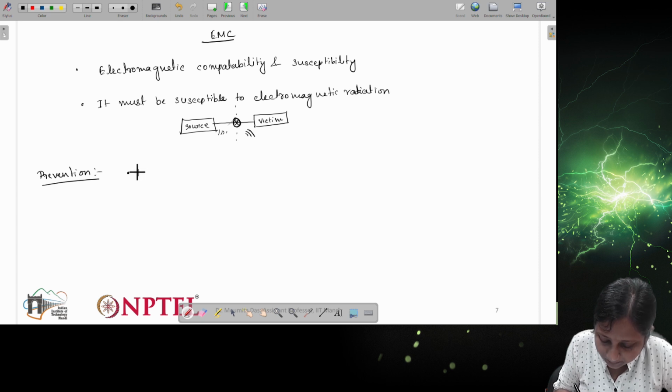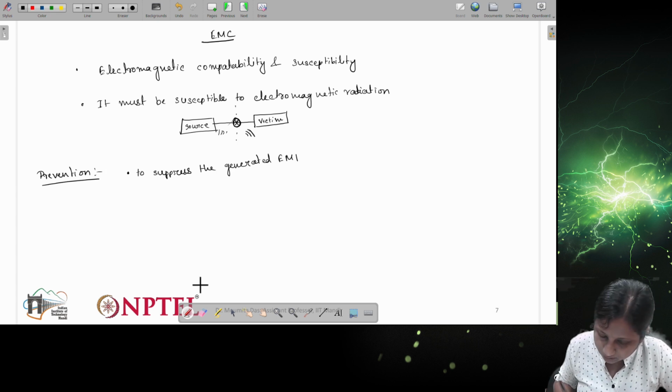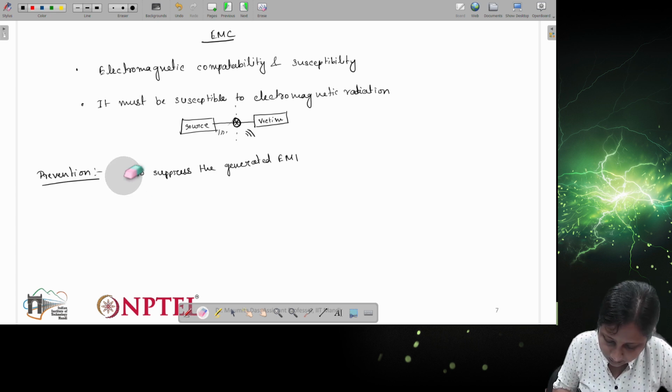We can provide prevention to suppress the generated EMI. So we need to suppress. Basically I can just write from here.